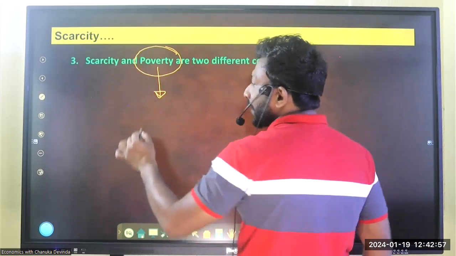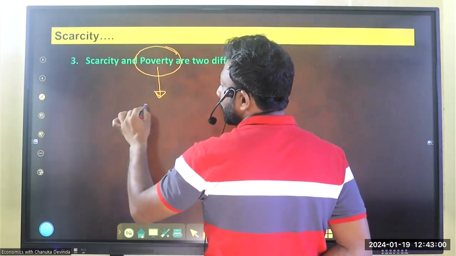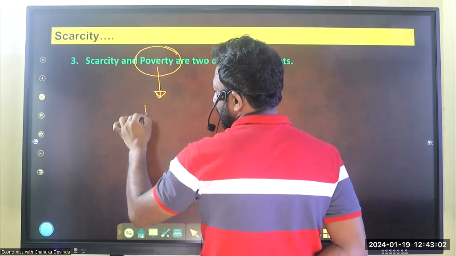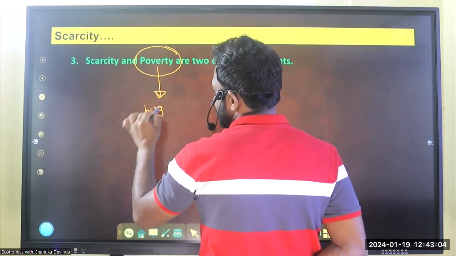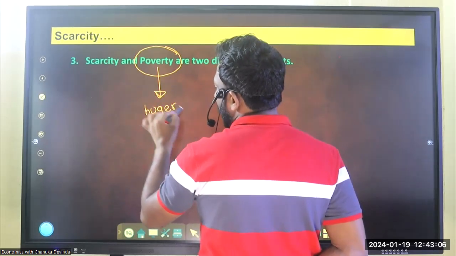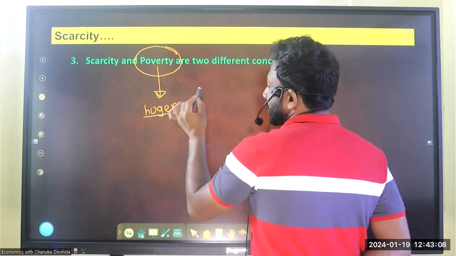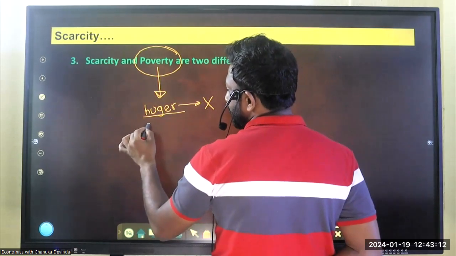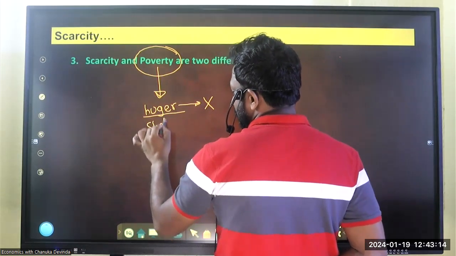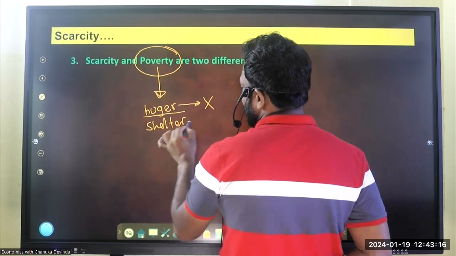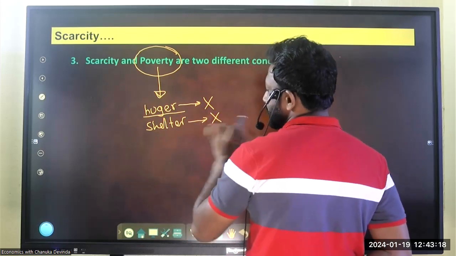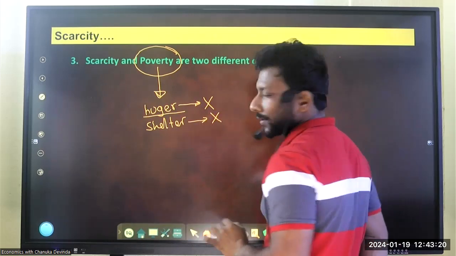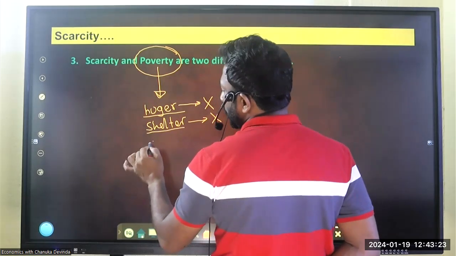What does poverty mean? If someone cannot afford any food, someone is suffering from hunger, doesn't have any food. Someone doesn't have shelter, he is homeless, right? Someone doesn't have clothes.